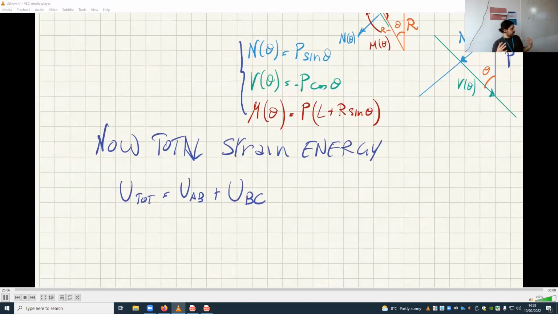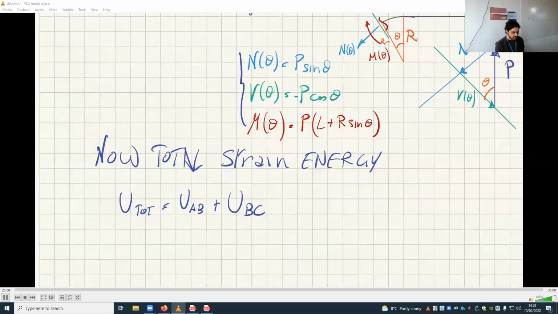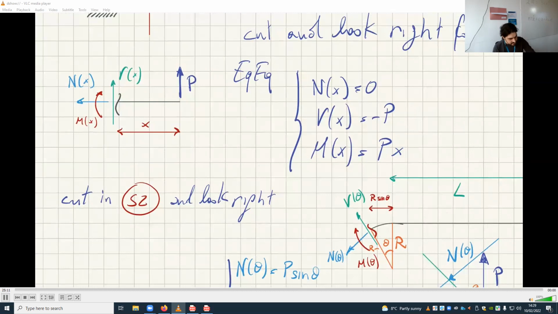So what is the total strain energy in segment AB? Let's have a look. Segment AB, we had no N, so we don't have normal strain energy. We have shear strain energy and we have bending strain energy. Again, let's say that we neglect shear, so we only have bending strain energy in this.